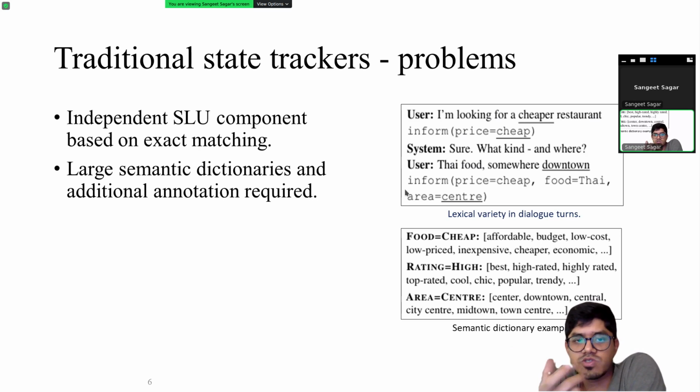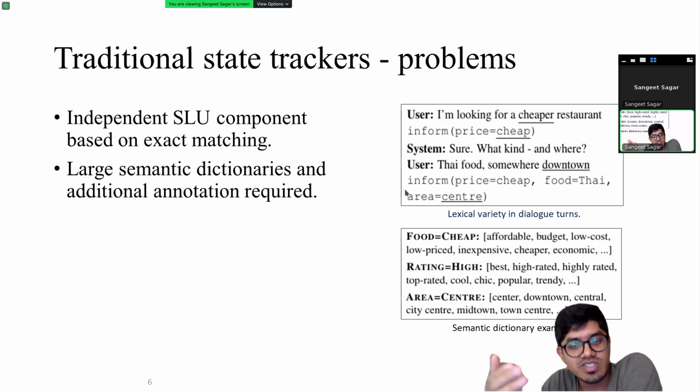You also need a large manually constructed semantic dictionary to identify the possible slot and value pair being mentioned in the user utterance. And if an utterance has some word that is not found in the dictionary, then your system just fails miserably. These problems limit the scalability and capability of the dialogue system. Hence the need for a more robust system like the Neural Belief Tracker.